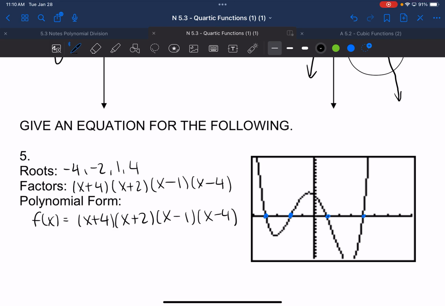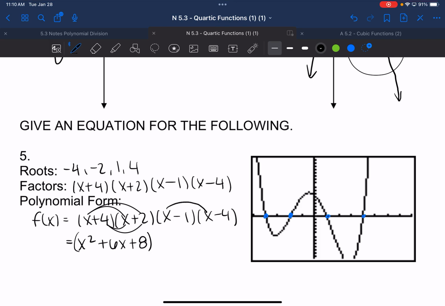So let's start with multiplying those first two parentheses. X times x gives us x squared, right, x times 2 and 4 times x. And 2x and 4x are like terms. They give us 6x. Nice. Okay. And then 4 times 2, 8. Perfect. Okay. Now let's multiply the second two together.